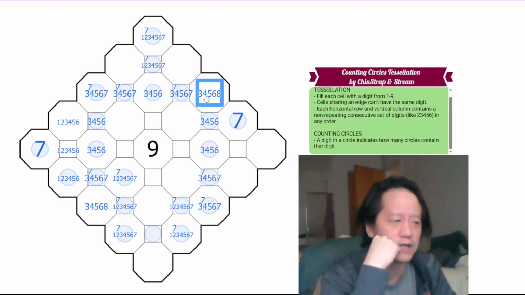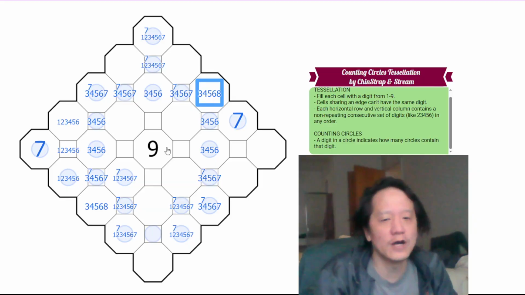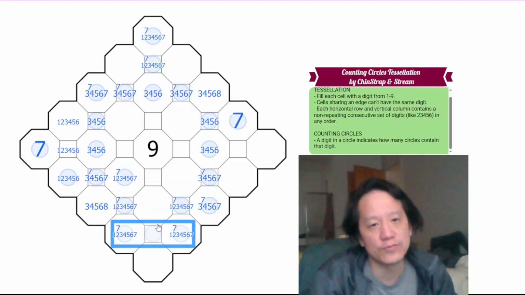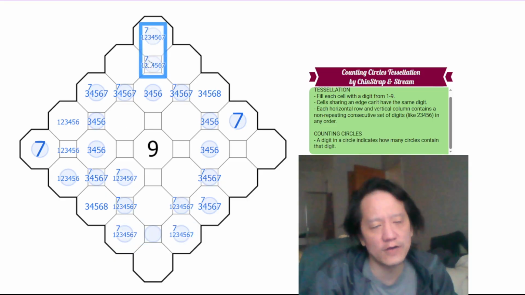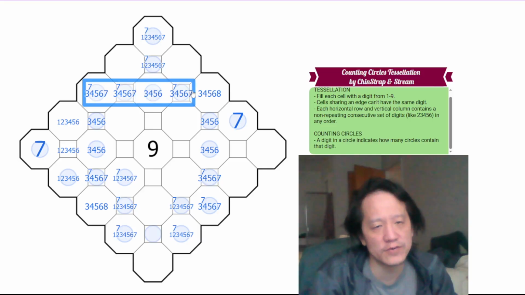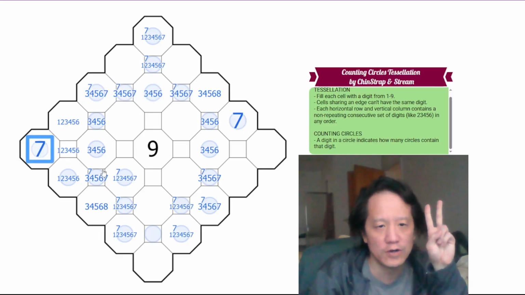So you basically have to have a 1 and a 2 somewhere. You have to have a 7 in every row in this row 3. Because you have a 7 in one of these two. You have a 7 here, that's 2, 3, 4, 5, 6, and then 7.